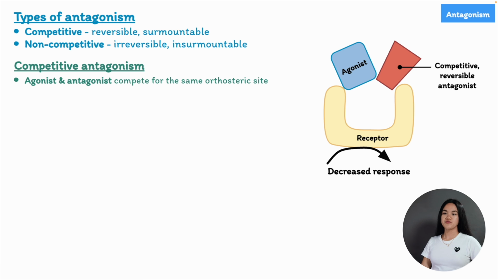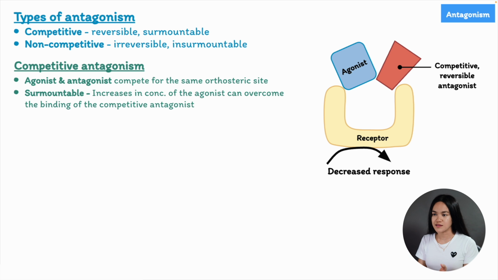All right, as we discussed earlier, drug receptor binding kinetics follows the law of mass action, where a higher concentration of drug increases the likelihood of forming drug receptor complexes. In competitive antagonism, increasing the concentration of the agonist drug can outcompete the antagonist and restore receptor activation.